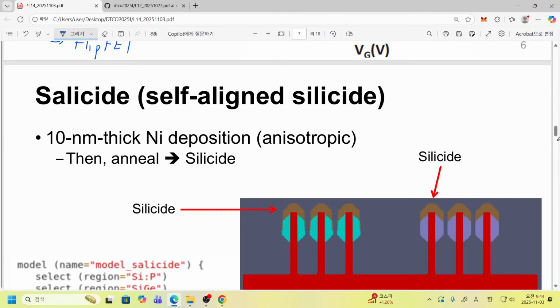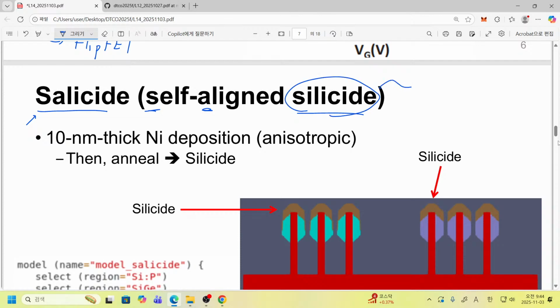Before starting the dummy gate or metal gate process, we must perform the salicide process. Salicide is not a standard word, but in our field of device engineering it is regarded as almost standard. Salicide means self-aligned silicide. So what is a silicide?